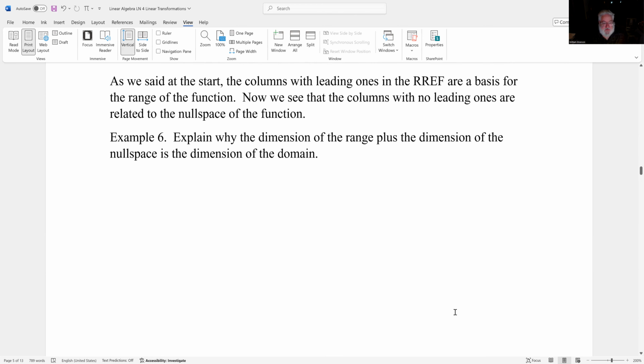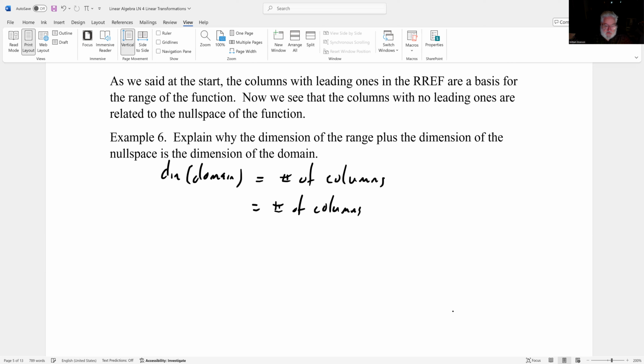And here we get a really useful thing. Dimension of range, dimension of domain is the number of columns in the matrix. What does that equal? Number of columns with leading ones plus, of course, number of columns without leading ones.